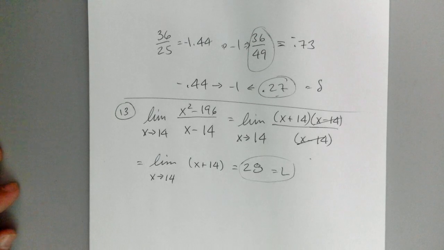What do we do with this now? Epsilon delta proof. Because we're looking for what? We're looking for the largest value for delta using the epsilon delta proof.